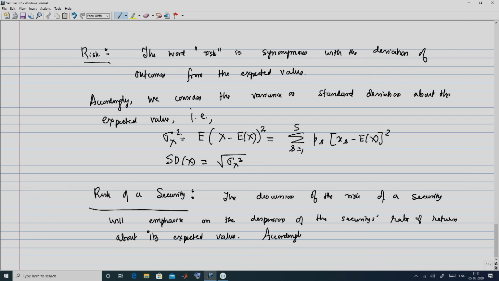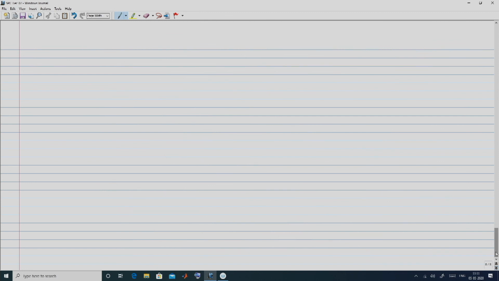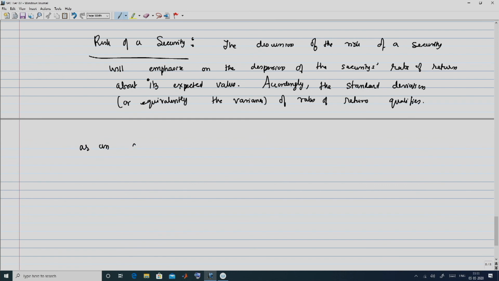Accordingly, the standard deviation, or equivalently the variance, of rates of return qualifies as an obvious candidate for the measure of risk.